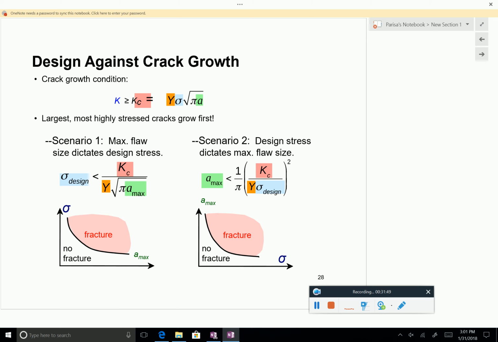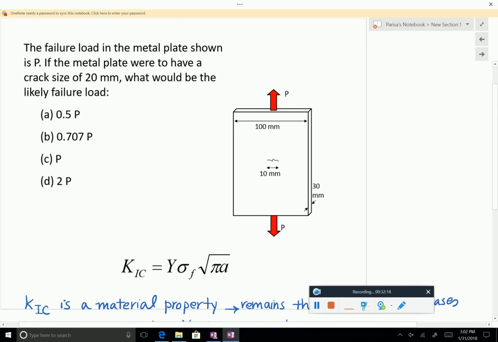So for every level of stress, you can calculate what will be the minimum length of fracture. If it is larger than that, then it will go into fracture. So if I look at every stress level, there is a minimum length before fracture, and if the flaw becomes a little bit larger, then you are going to have fracture. So that's kind of an example like that.